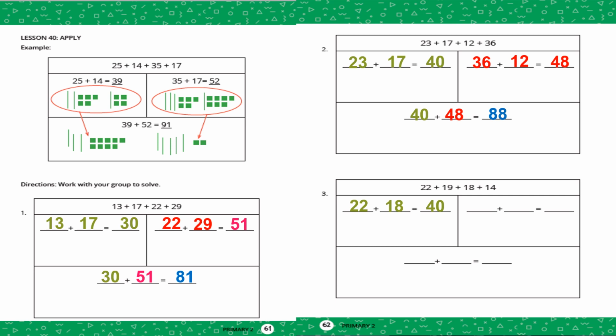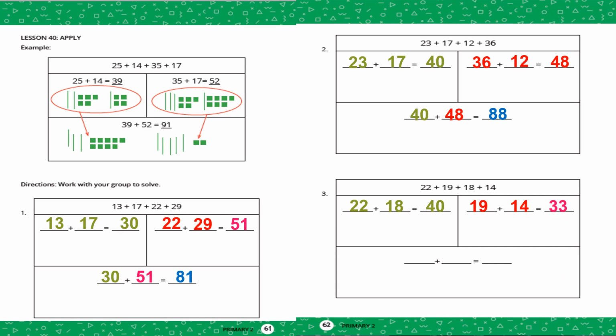Then we will put two numbers together. 19 plus 14. 9 plus 4, after 9, 10, 11, 12, 13. We will put 3 and carry up 1 in tens. 1 plus 1 equals 2. 2 plus 1 equals 3. 33.